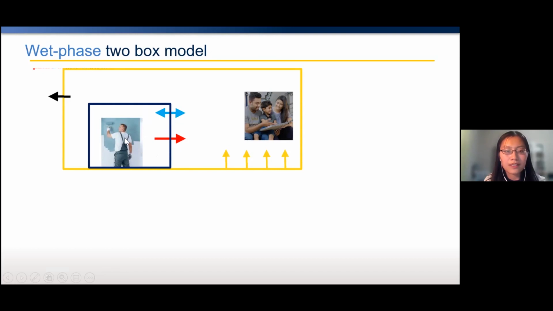As the painter is applying the paint, he will move along the surface. But in our model, we treated it as the painter staying still, but the painted surface is moving. So it's represented by a transfer rate from the near-field surface to the far-field surface. This model is valid for water and about 90 organic solvents using the Abraham solvation parameters.